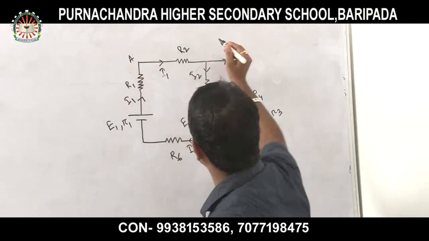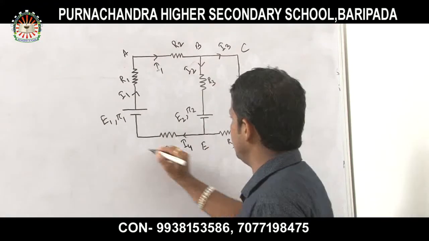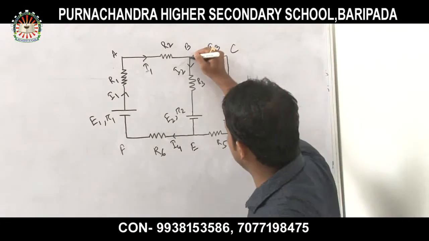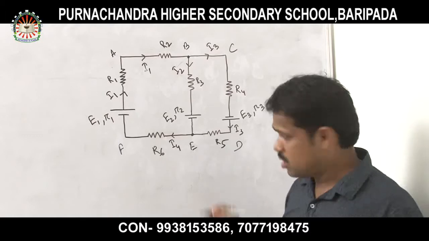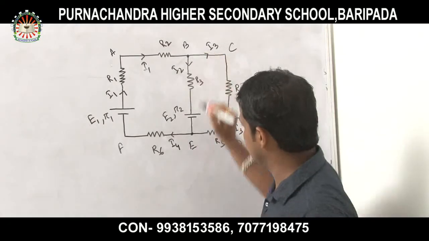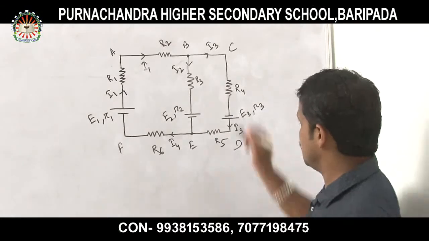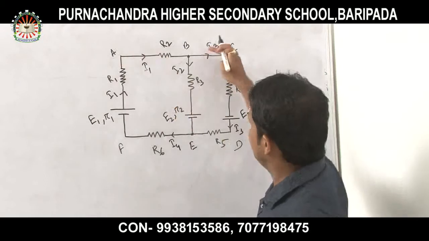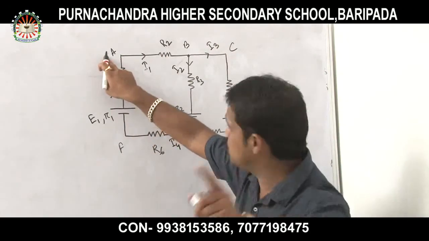Then in this loop, let us name it: A, B, C, D, E, F. Now look at it very carefully. The points B and E are called nodes or junctions. A, B, C, D, E, F, A is a loop.